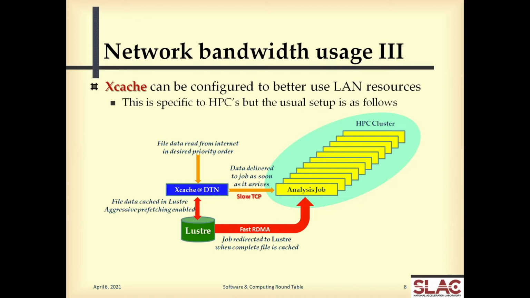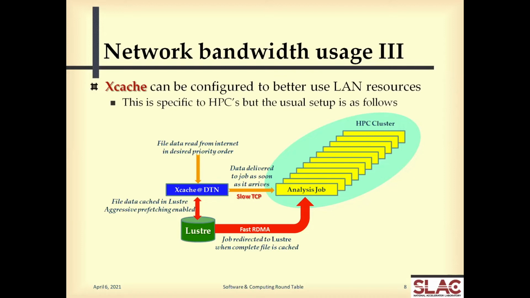Now, there's another aspect of how we use LAN resources better. And this is specific to high performance computing centers, which have this usual setup that they have a Lustre system that has RDMA access to all the nodes in the cluster. And the cluster also has a TCP link, but it's not all that great. So what they do is they set up an XCache where the cache actually lives in Lustre.